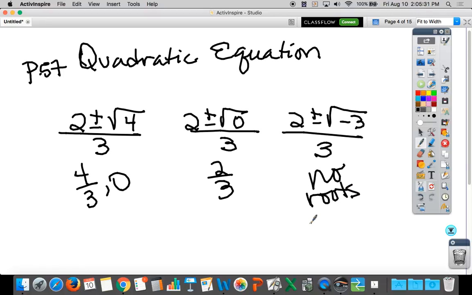Okay? So looking at this problem, what can you tell me is the only difference between these three problems? The number under the square root or the radical, right? That's the only difference, right? Okay. What can we say about this number under the radical?